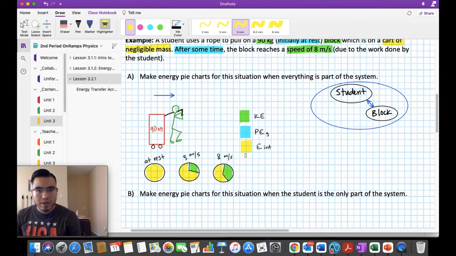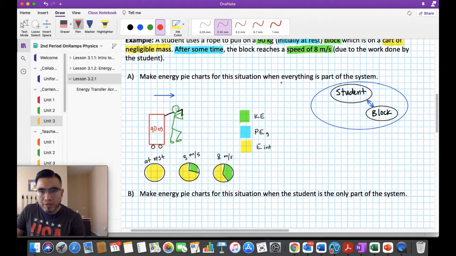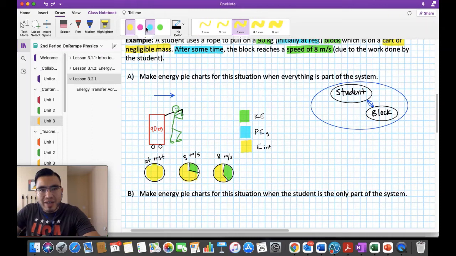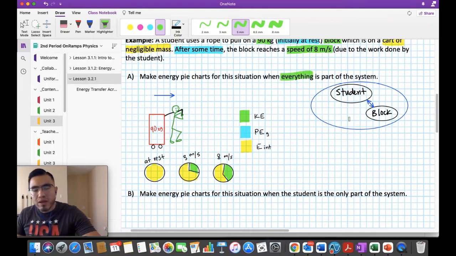Now, that's because everything was part of the system, right? Oh, that was bad. Everything was part of the system. Let's just highlight, right? Just stick with highlighters. What if the student is the only part of the system?